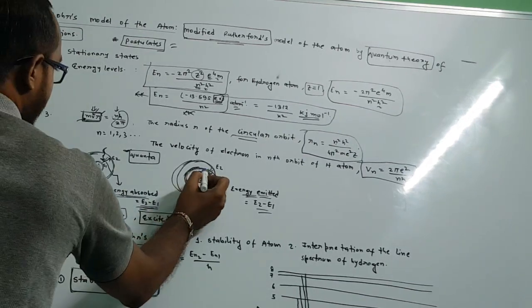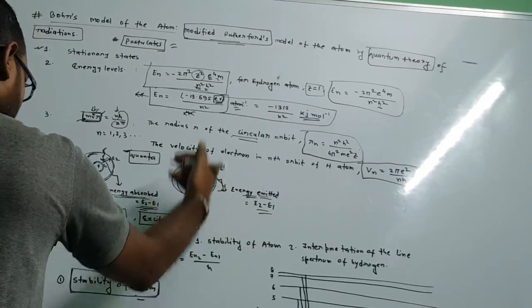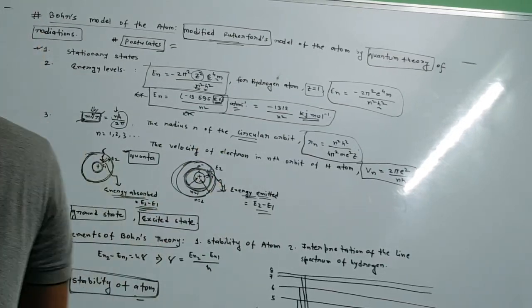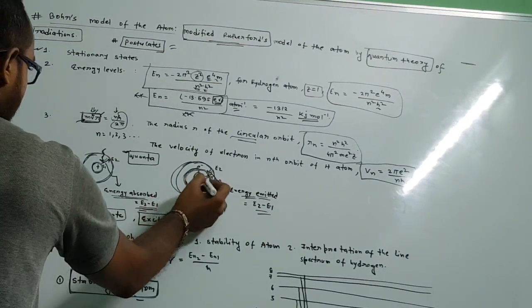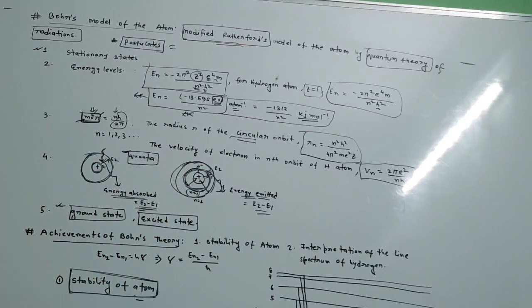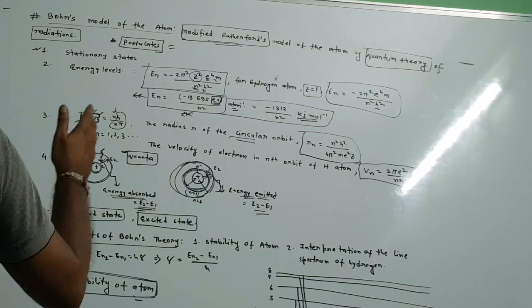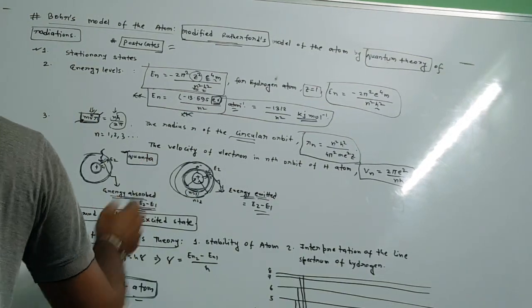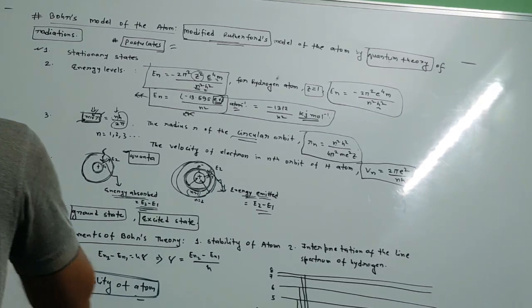If the electron is in the first orbit, it cannot move backward to a lower energy state, because there is no orbit below n equals 1. That is known as quantization of the orbit. Thus, gradual loss of energy by the electron is not possible. Hence the atom is stable. Thus it removes the limitation of Rutherford's model of the atom.